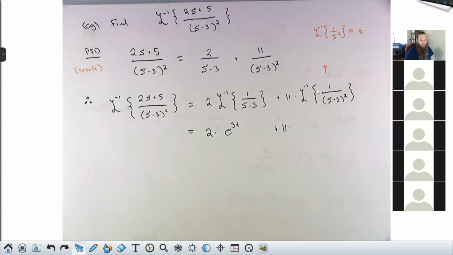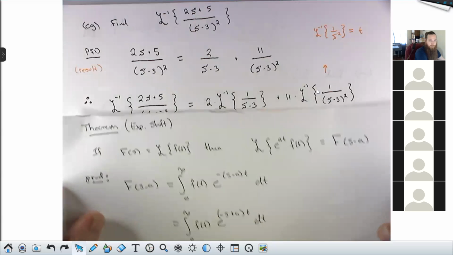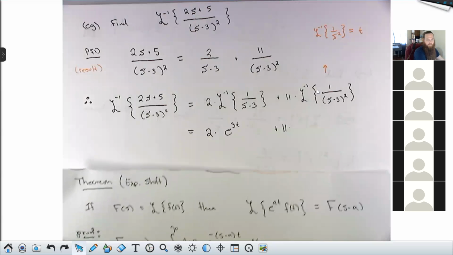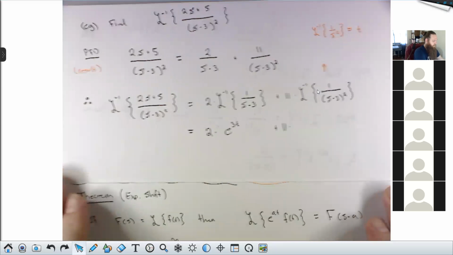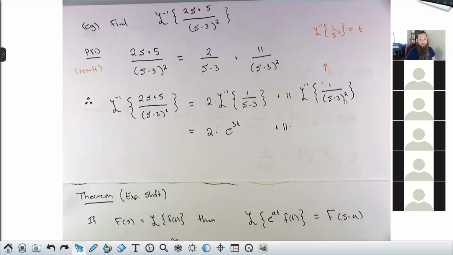So if I apply my exponential shift theorem to this, this guy is like the Laplace transform of t, except it's been shifted to the right by 3 units.